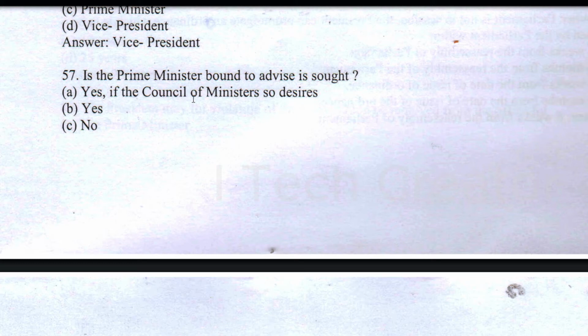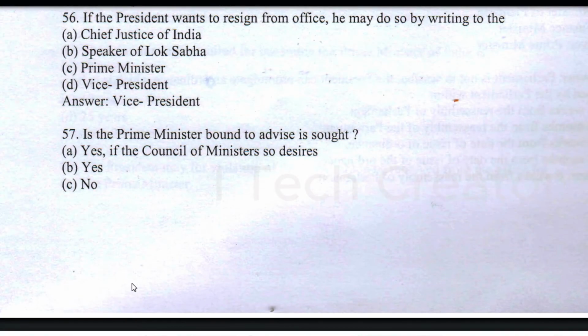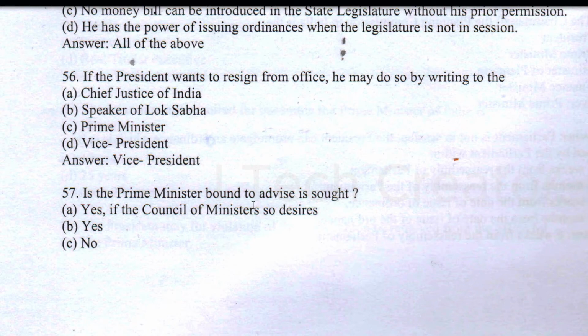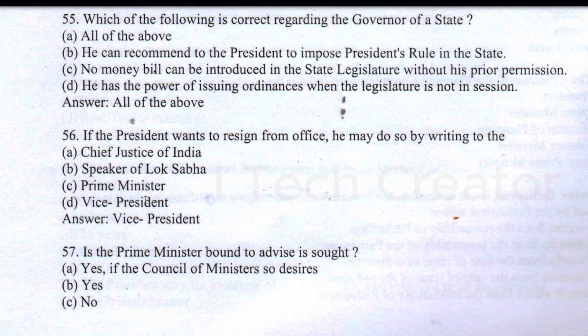Is the Prime Minister bound to advise if it is sought? Yes, answer is yes. If the President wants to resign from office, he may do so by writing to the Vice President.